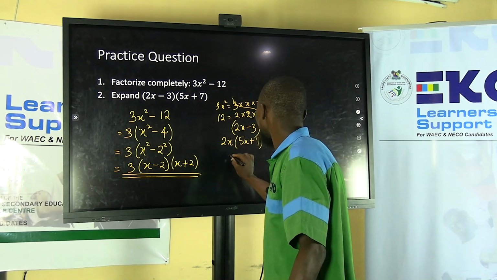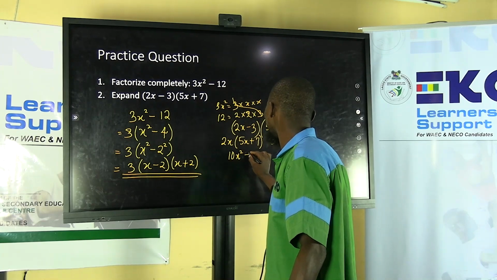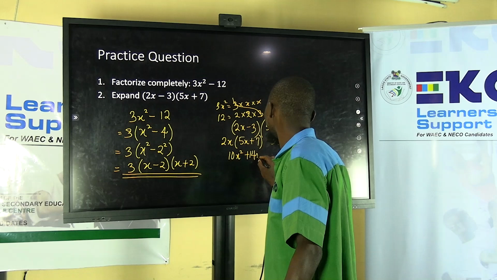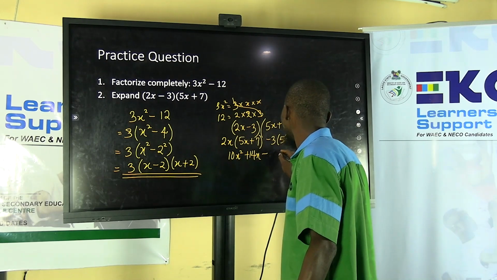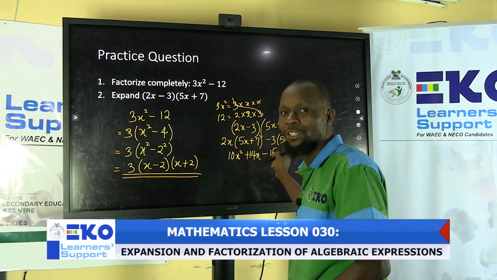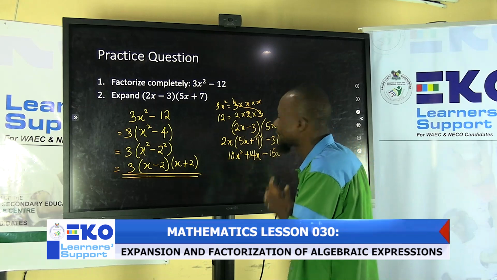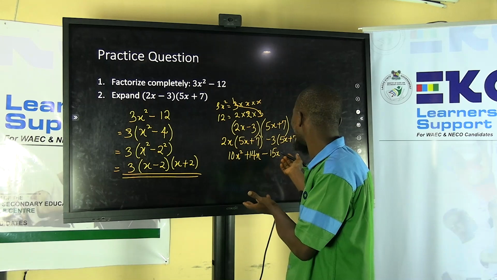So this will give us 10x squared. 2x multiplied by 7 will give us 14x. And minus 3 times 5 will give us minus 15x. And when a negative number is outside a bracket, you have to be very careful.